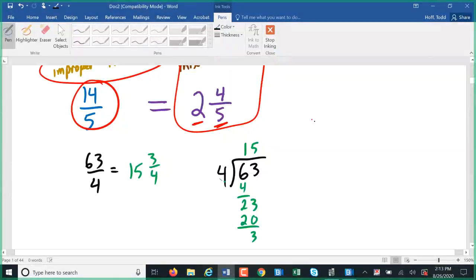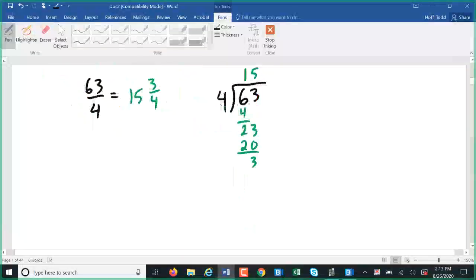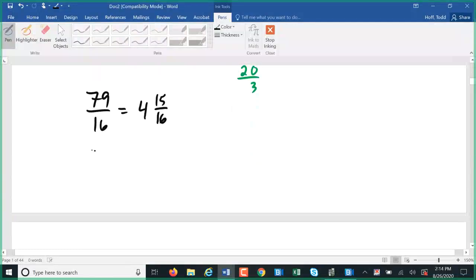Number 23, 79/16 reduces to... Perfect. 4 and 15/16. 25, 87/8 reduces to 10 and 7/8.